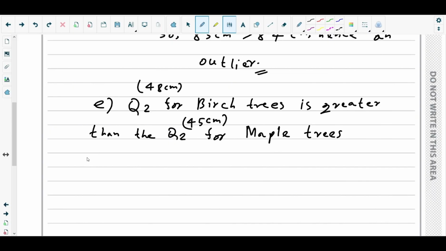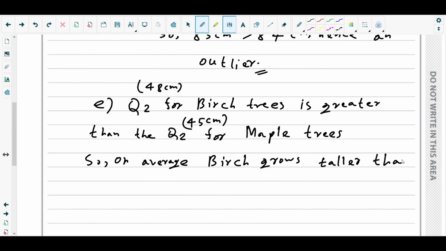So on average, birch trees grow taller, or you can say higher, than maple trees. That's it. Part E done.